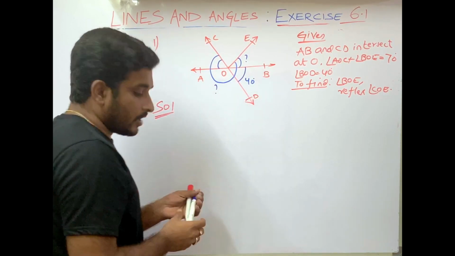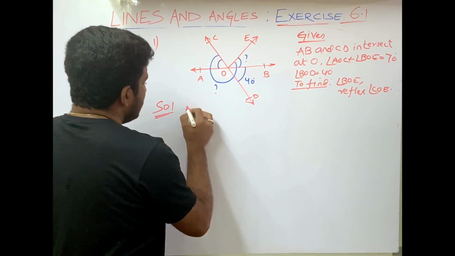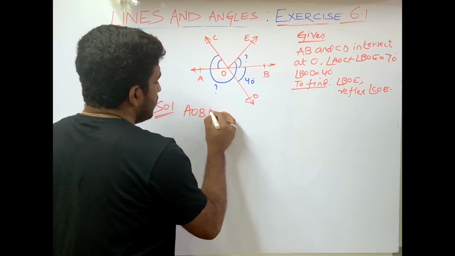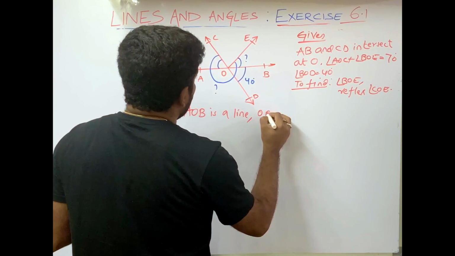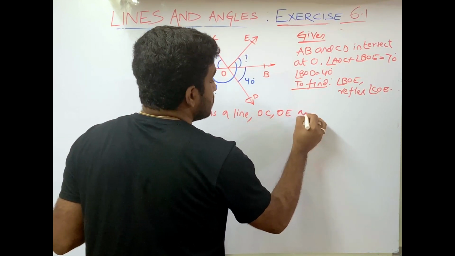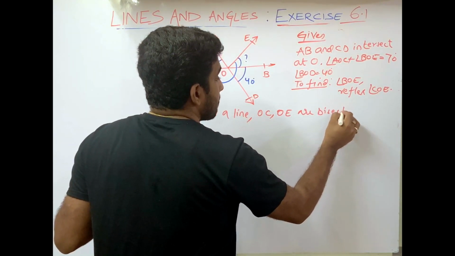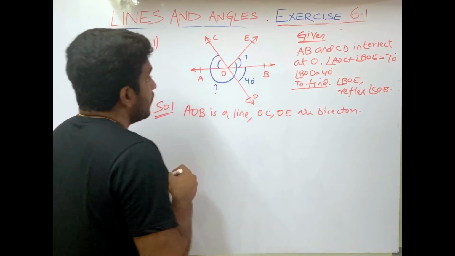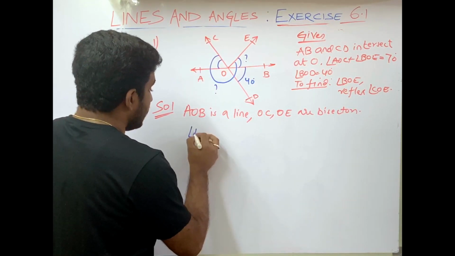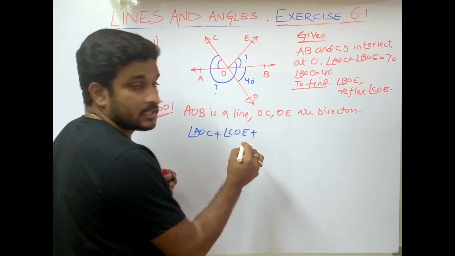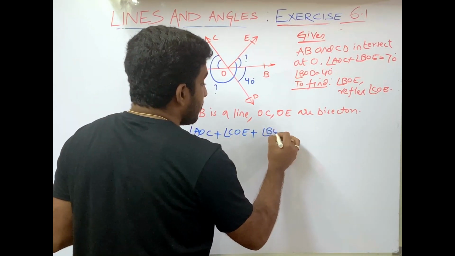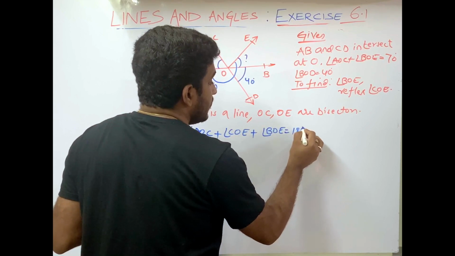The first step what we have to do is, we'll take AOB. AOB is a line where OC and OE are bisectors. Now, angle AOC plus angle COE plus angle BOE equal to 180 degrees.